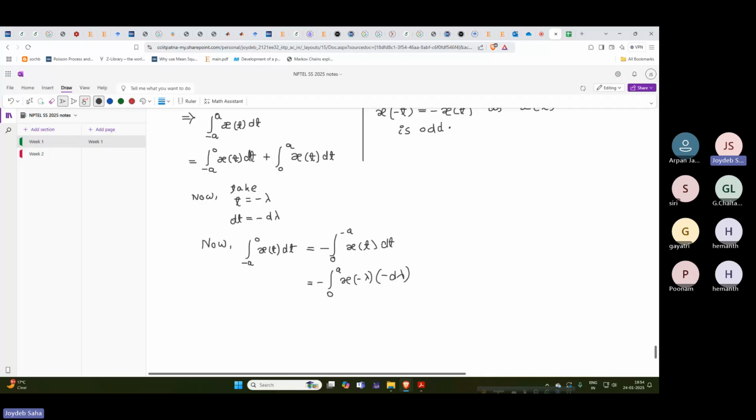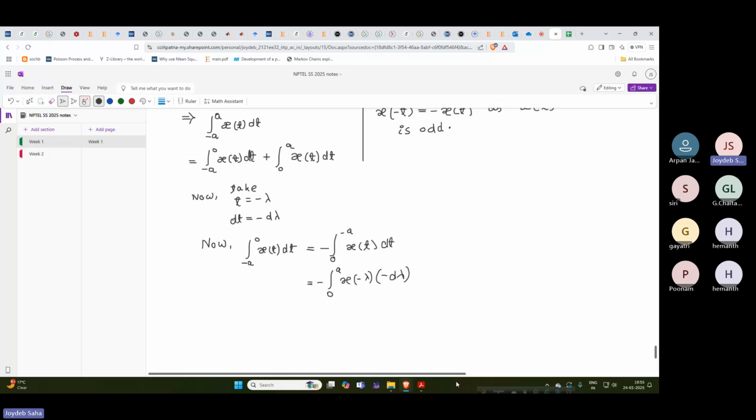What we have done: we have taken t equal to minus lambda, so dt is equal to minus d lambda. Now the integral from minus a to 0 of x(t) dt will be minus of the integral from 0 to minus a, right? Replacing t by lambda, it will be minus the integral from 0 to a of x of minus lambda into minus d lambda.